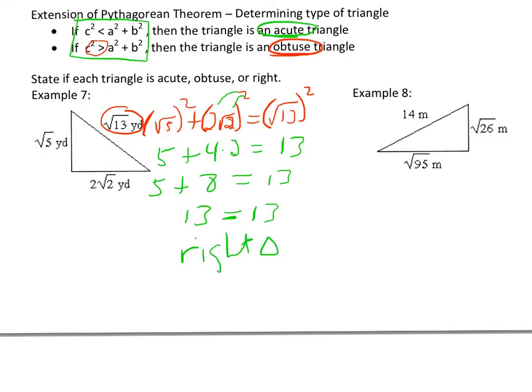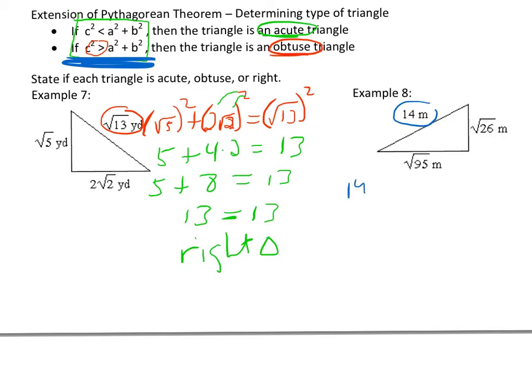The next one, again, this is the longest side. So I'm actually going to go to their format right here and put the hypotenuse side first. I tend to put the hypotenuse on the right side, but for the formula's sake, I'll put it on the left side.